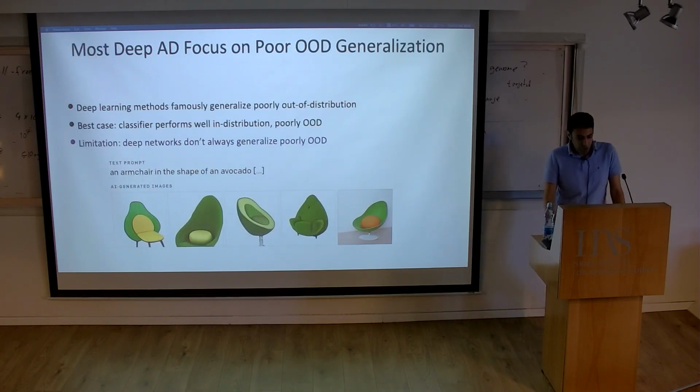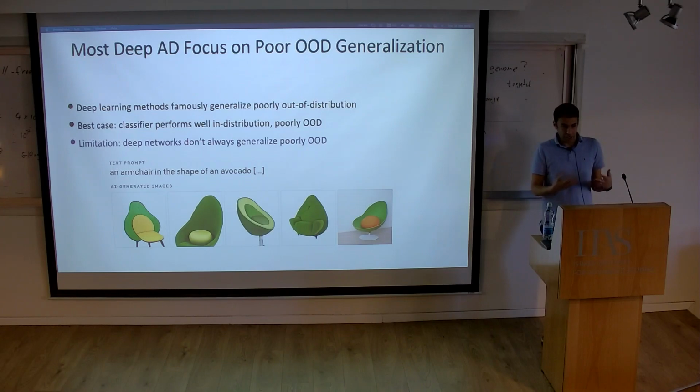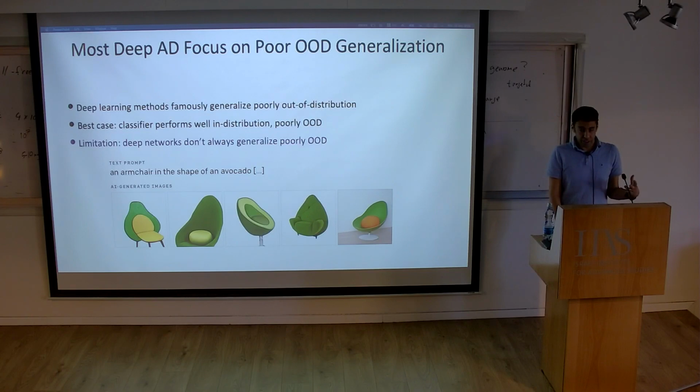So one of the main issues with this kind of out-of-distribution generalization paradigm is that we're kind of betting against deep learning. We're betting against its ability to generalize out of distribution. And this is sometimes the case, but not always. For example, here I brought some examples from DALL-E, a text-to-image method which is able to take in a sentence and generate an image.